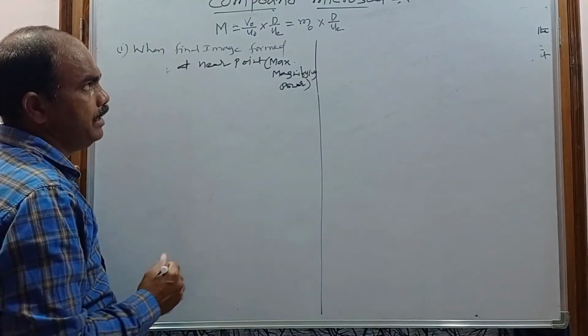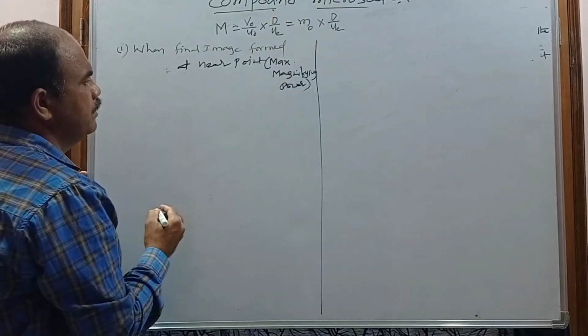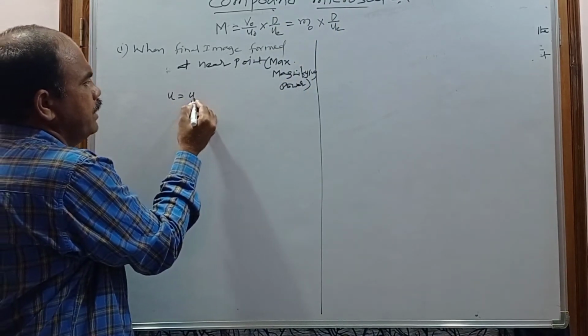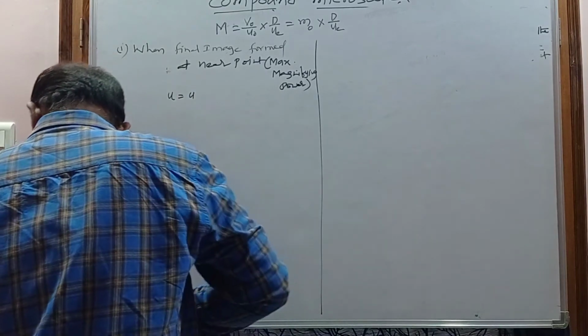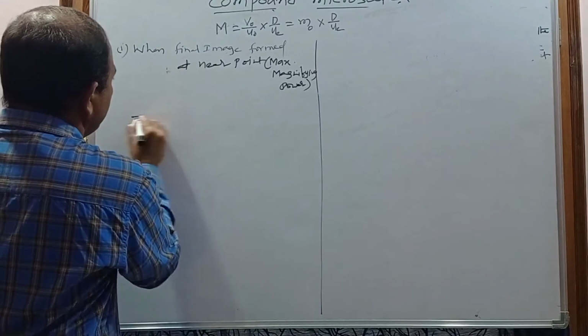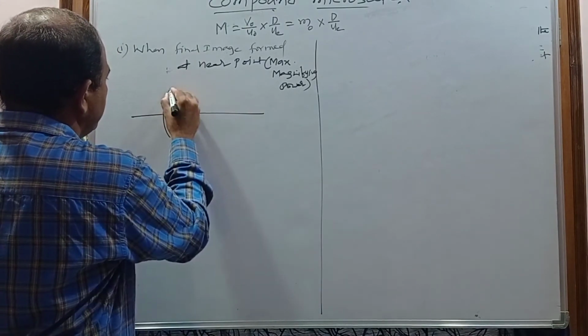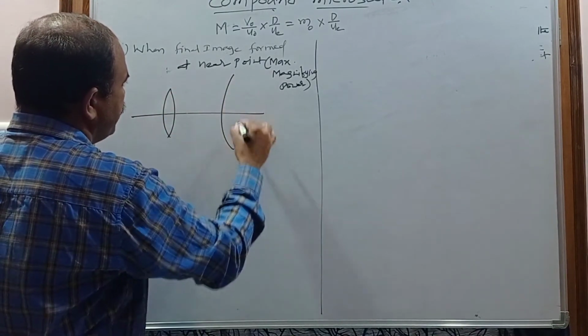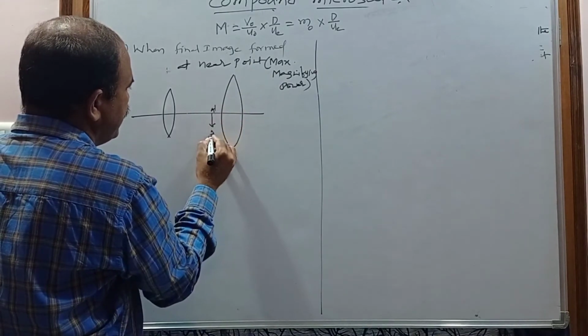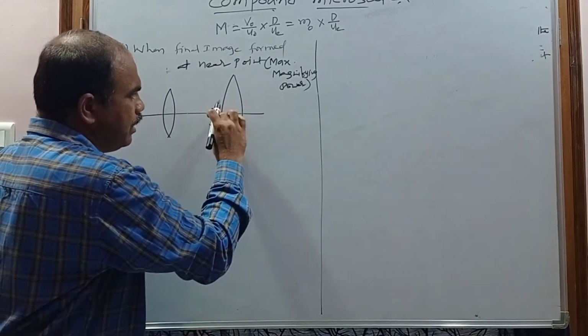And the object distance is nothing but u equal to u suffix e. So I am drawing the diagram once again. This is the objective and this is the eyepiece. Now here, A dash B dash is the object for this eyepiece.